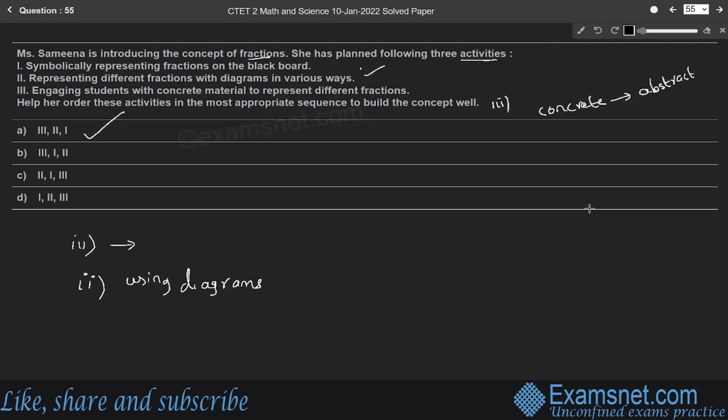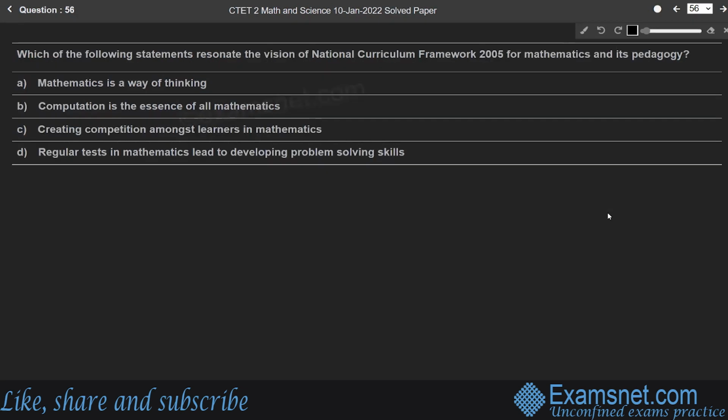Then the fraction can be made like 2 out of 4 rooms, which is relatable to students, right? And the third is the first activity, symbolically representing fractions on the blackboard. That should be the last step, because when the students have familiarized themselves with the concept of fractions, they will not have a problem understanding the symbols written on the blackboard. Therefore, option A. Question 56.